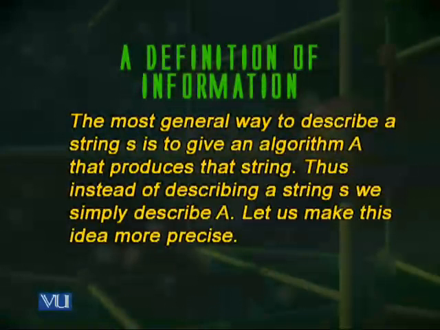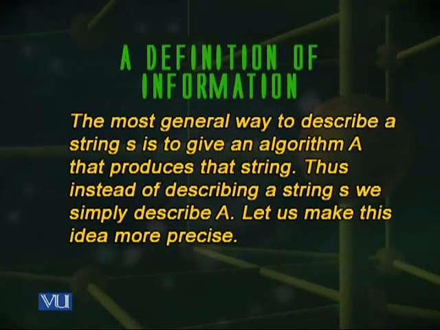Anything can be encoded as zeros and ones. So this is an extremely general way. What we are doing is we're talking about the minimum length description of 01 strings, but 01 strings can capture any other alphabet also. The most general way to describe a string S is to give an algorithm A that produces the string.